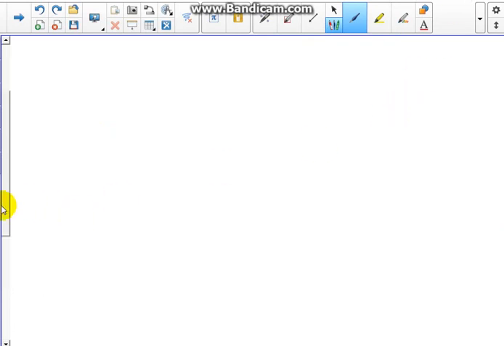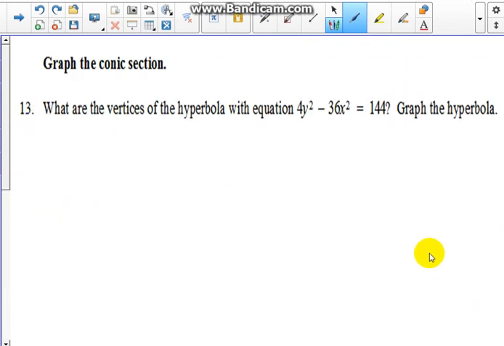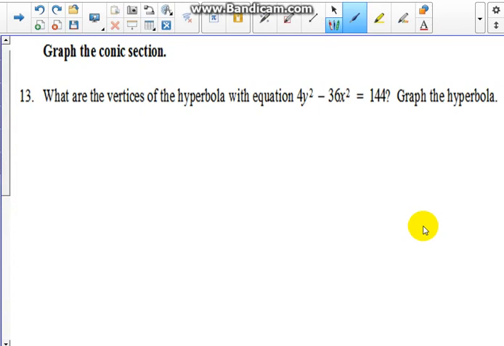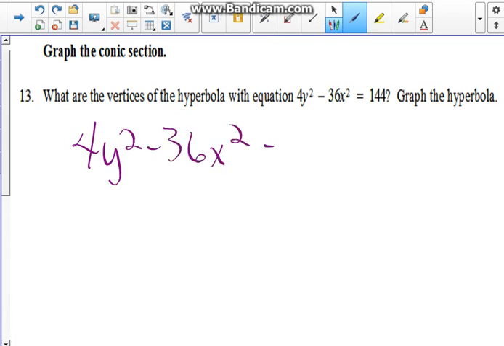Our next question, number 13, says graph the conic section. What are the vertices of the hyperbola with an equation of 4y squared minus 36x squared equals 144? Graph the hyperbola. So the first thing we want to do is get this in a format that we can work with.